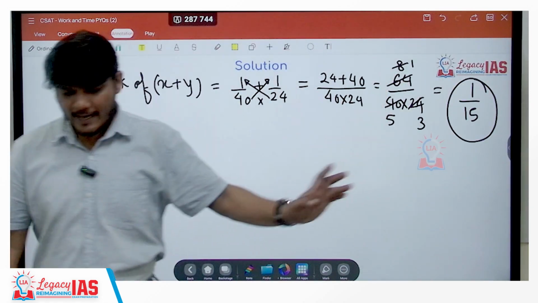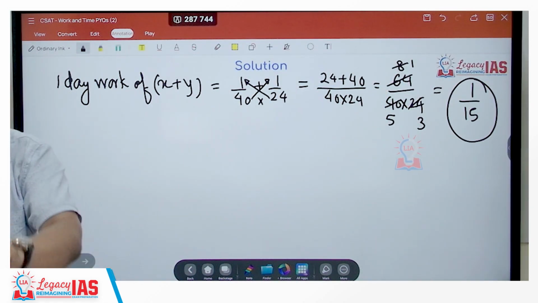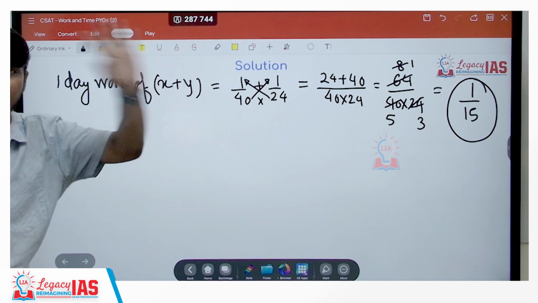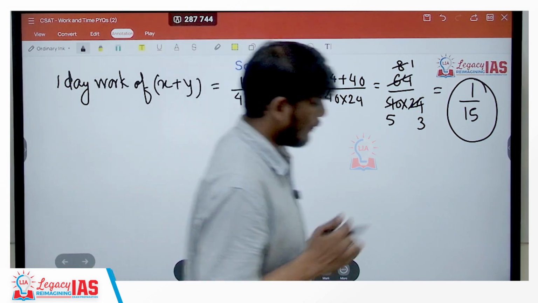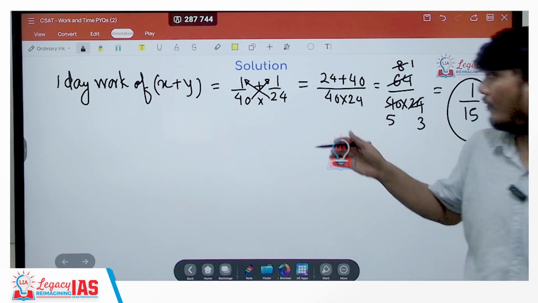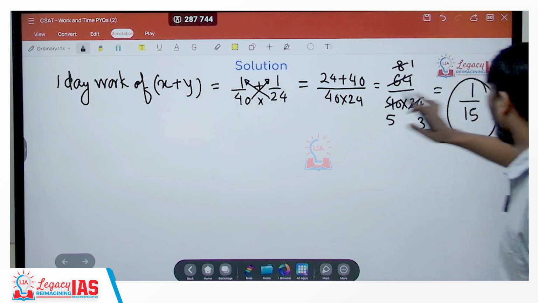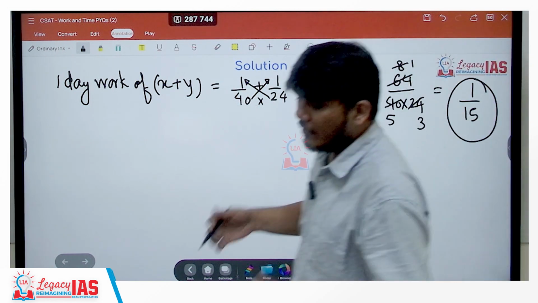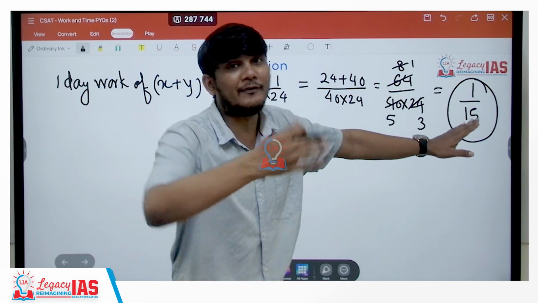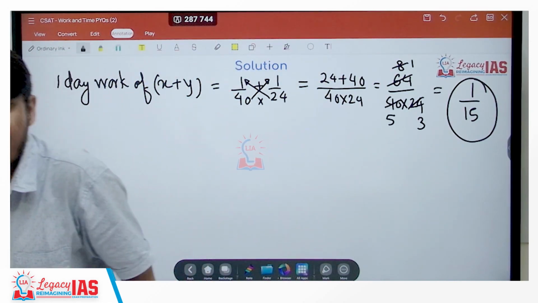So guys, we have now found out 1 day work of X and Y is 1 by 15. That means if they do this 1 by 15 work 15 times, it will complete the entire work.